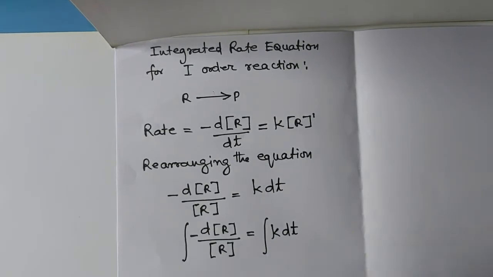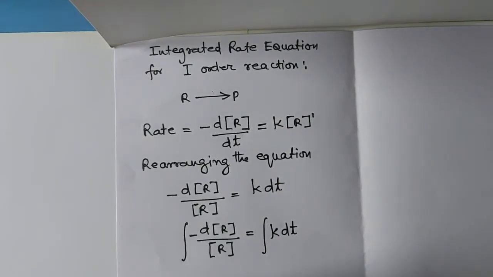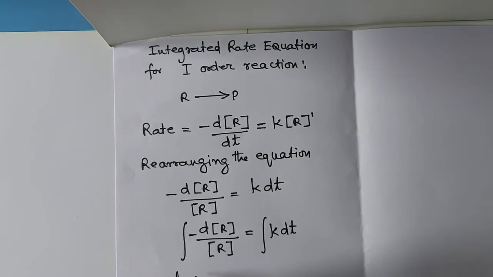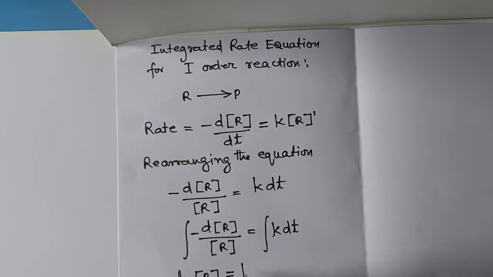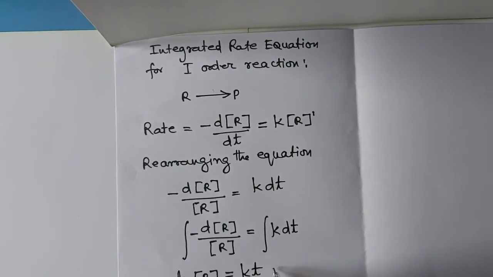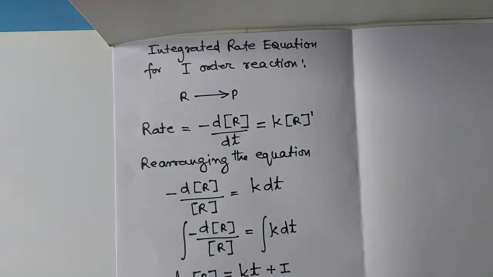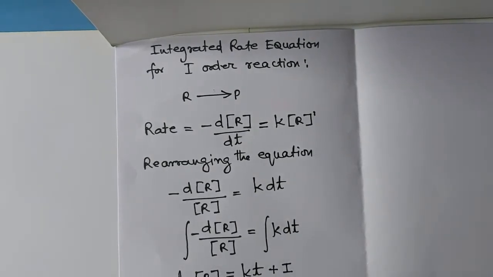The value would be natural logarithm of R, will be equal to these values modified according to the equation, and then we have a constant of integration again. We have seen this value in zero order reaction also. So now this is the equation after integration.